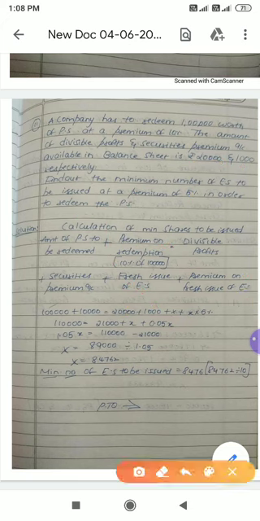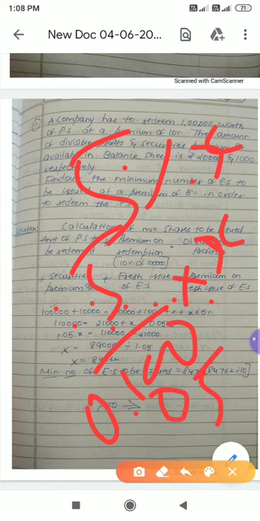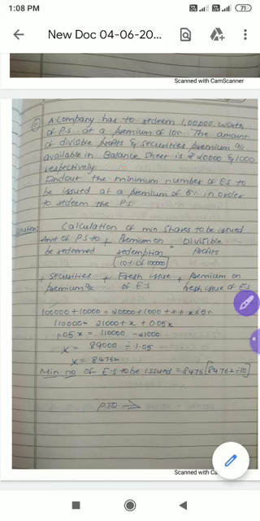Now 1 lakh plus 10,000 is 1 lakh 10,000. 20,000 plus 1,000 is 21,000, plus X. Please remember 5% of X is 5 divided by 100 into X, which can be written as 0.05x.